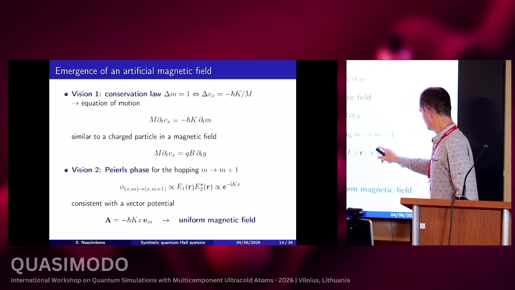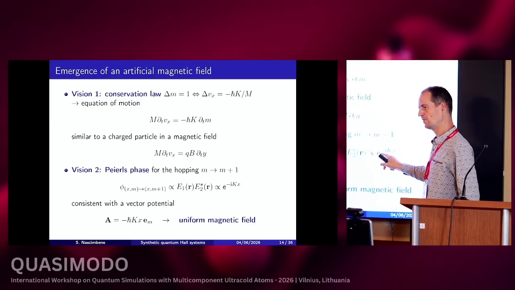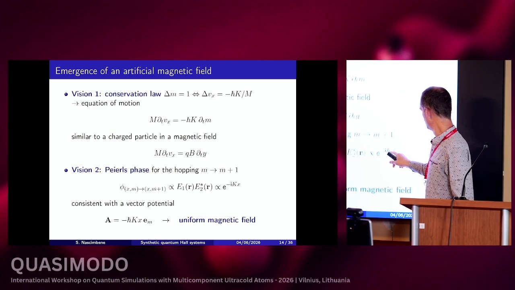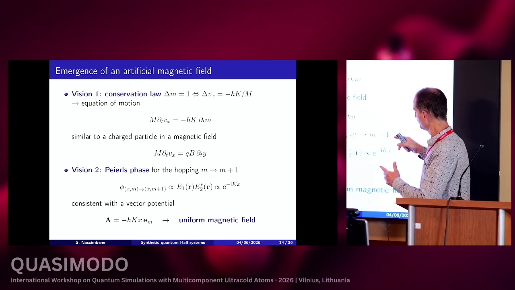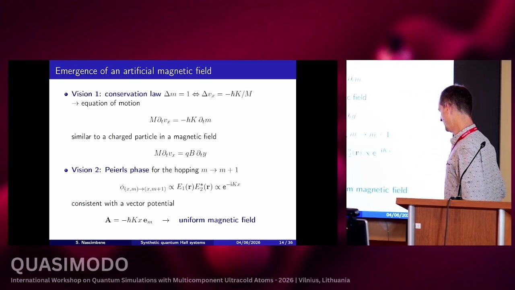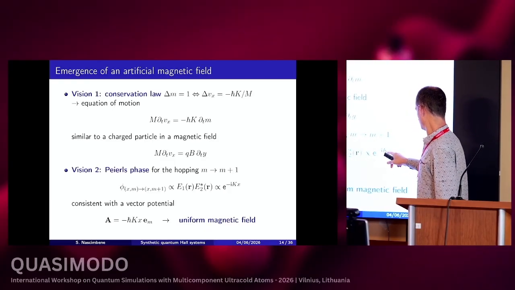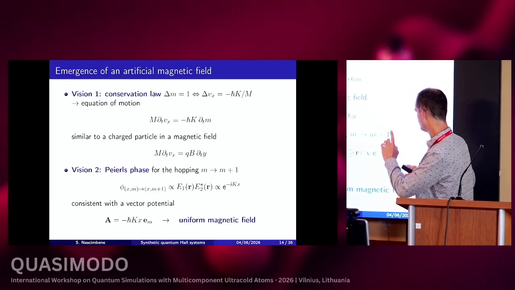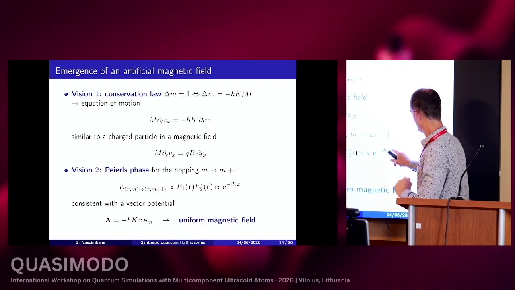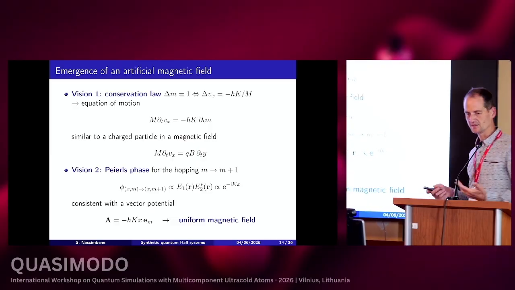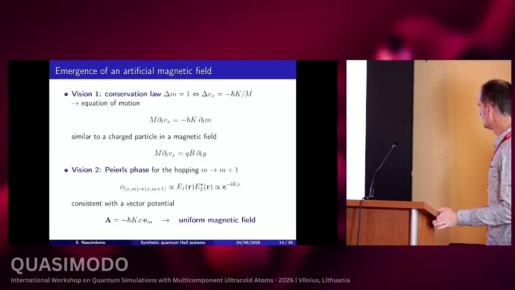And then this gives rise to a complex phase, e to the minus i k x, where k is twice the light momentum. And this is equivalent to having a vector potential that would be along the n direction and with an amplitude that depends on x. So again, this is what we need to have a magnetic field.